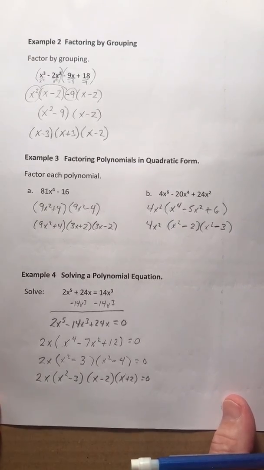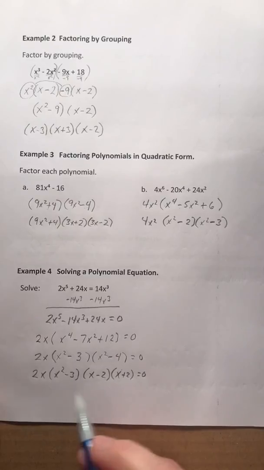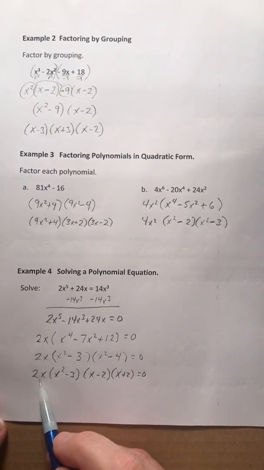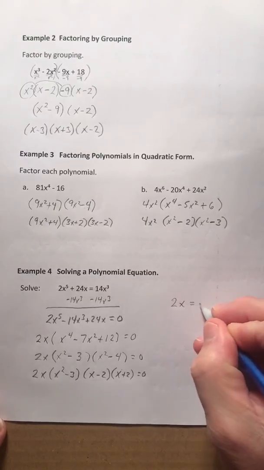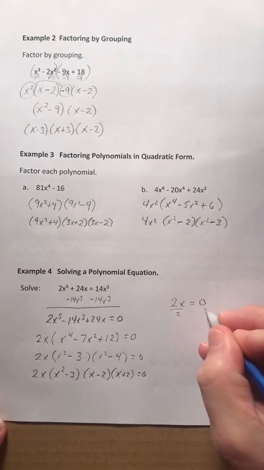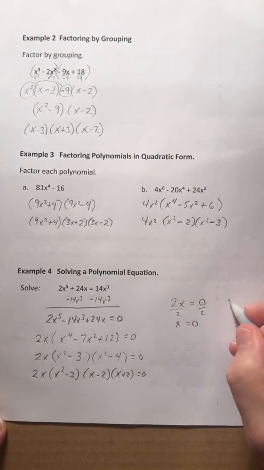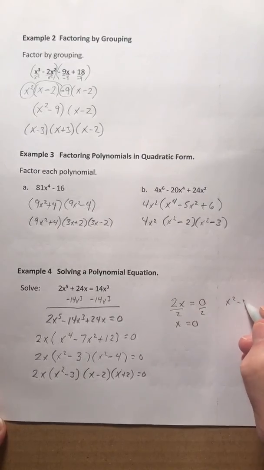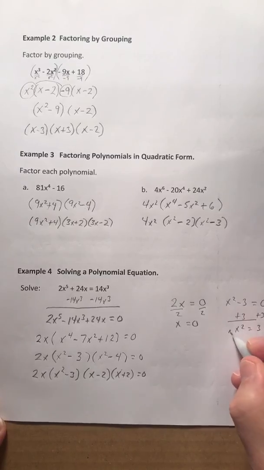All right, so again, our zero product property says you take all the factors, you set them equal to 0 and solve. So we're going to start with our 2x. We take our 2x, we set that equal to 0, we divide by 2, and we get x equals 0. We take our x squared minus 3, we set that equal to 0, we add 3 to both sides. We get x squared equals 3, and then we do the square root plus or minus.